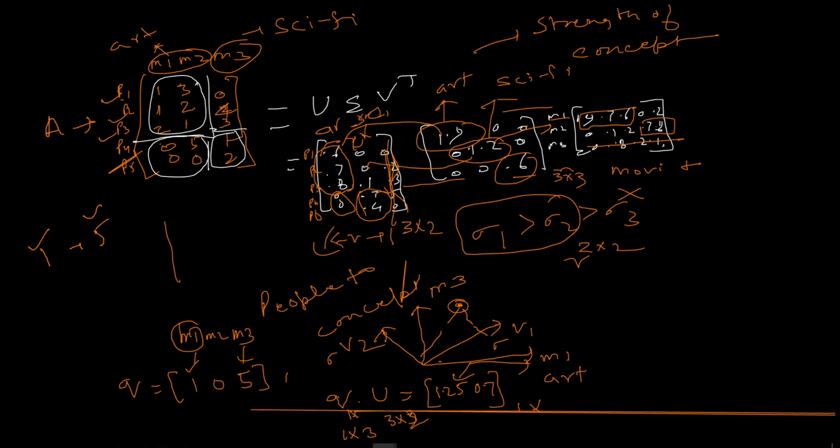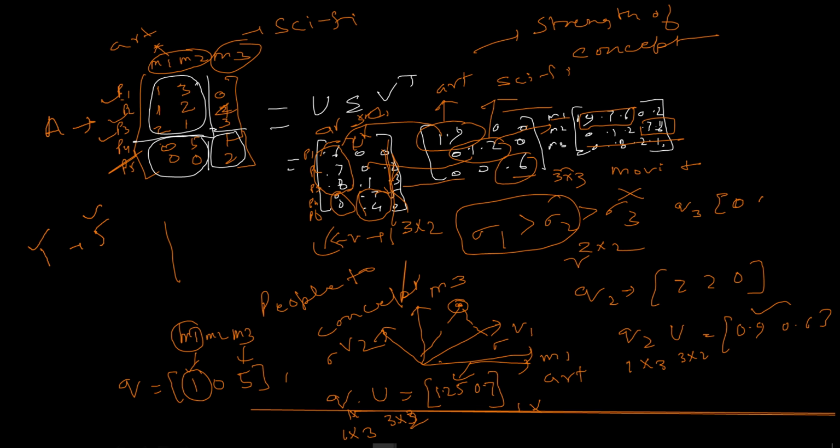Now let us take query 3, in which 0, 0 and 0. In this case, if you multiply with the u, I'm finding how the person is liking the movie, that's why I'm multiplying with the u vector. Otherwise, if you want to consider how the movie is belonging to a concept, then this is movie to concept ratio, and this is person to concept ratio.